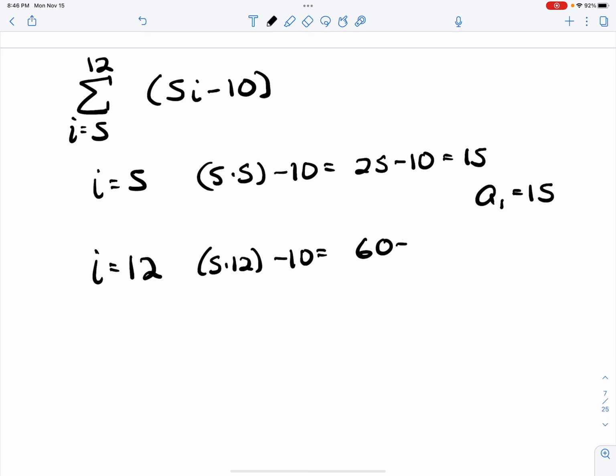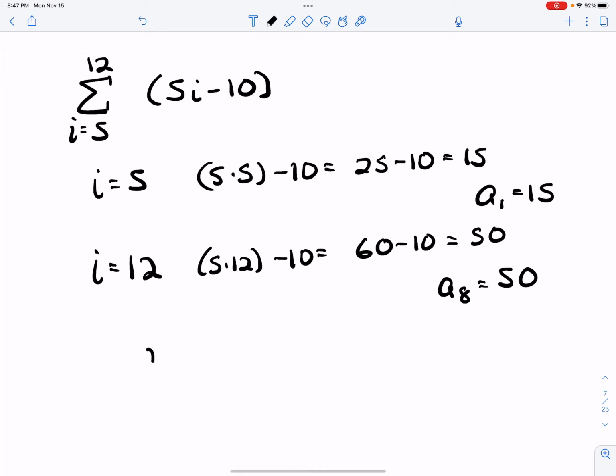So 60 minus 10 is 50. You could think about that as being not your a sub 1, your a sub 8. Because a sub 1 is 5, a sub 2 is 6, a sub 3 is 7, etc. So 5, 6, 7, 8, 9, 10, 11, 12. It would be your 8th term when you plug in the 12.